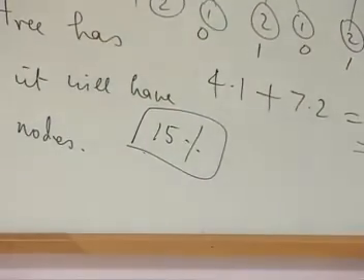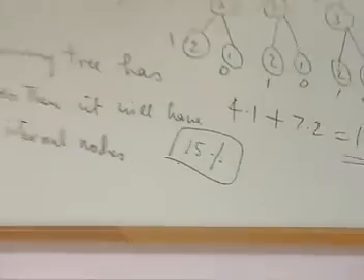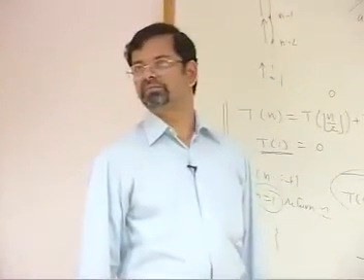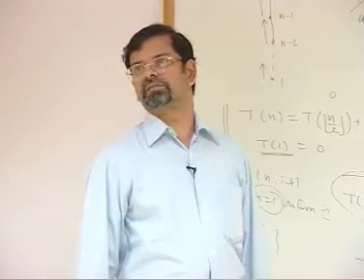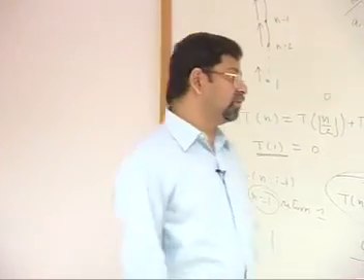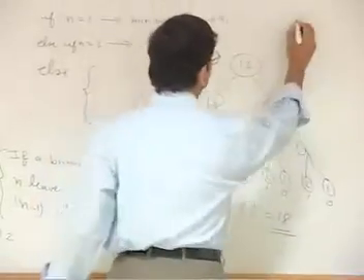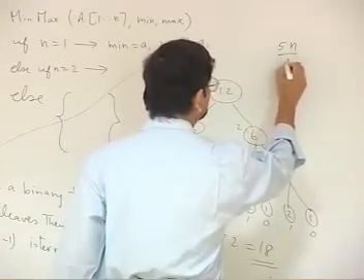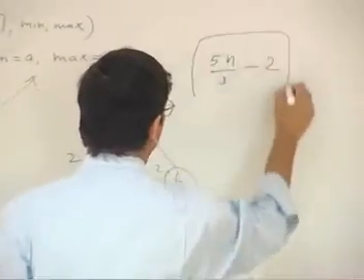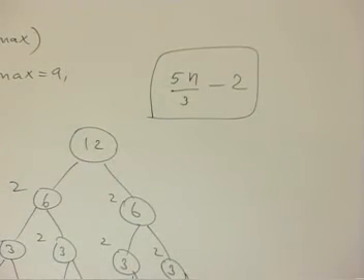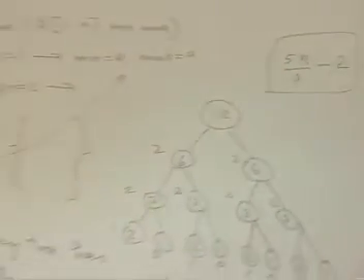It will be much less than 2n minus 2. In fact, you can show that the exact complexity of this scheme is 5n by 3 minus 2. It is 5n minus 3 by 2.